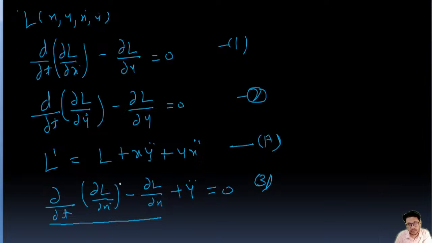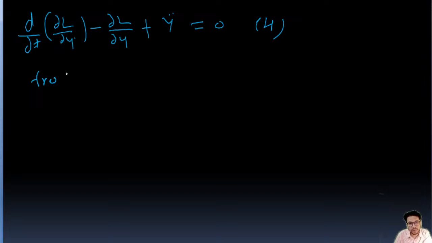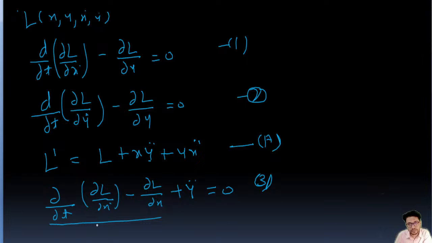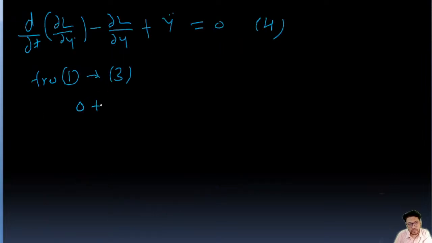This term is going to be 0, so equation 3 becomes 0 plus y double dot equal to 0. That implies y dot equal to constant c1, that is any constant.